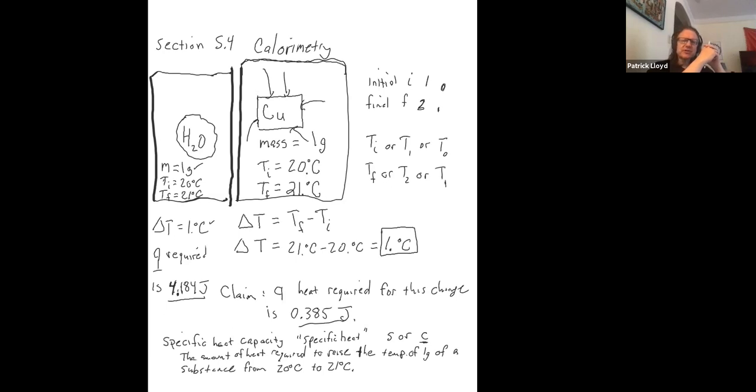The specific heat going from 30 to 31 would be the same as for 20 to 21, or 10 to 11. So typically we just say a change of 1 degree C, and as long as it goes up by 1 degree C, we can use that specific heat capacity.